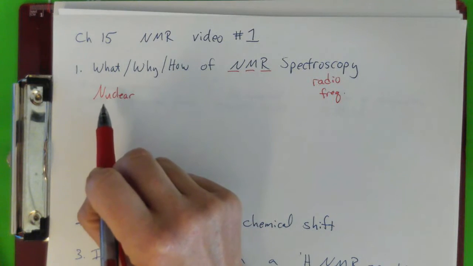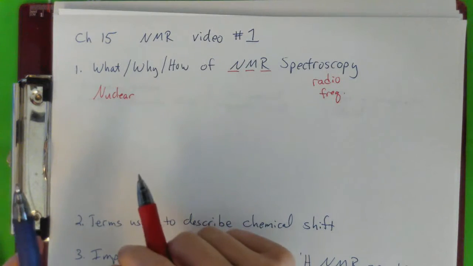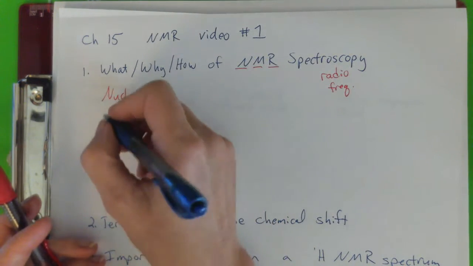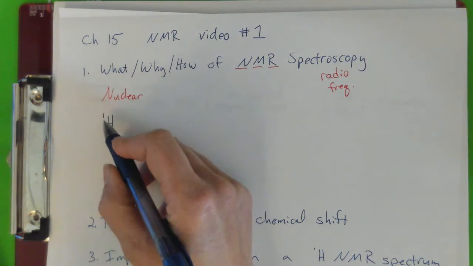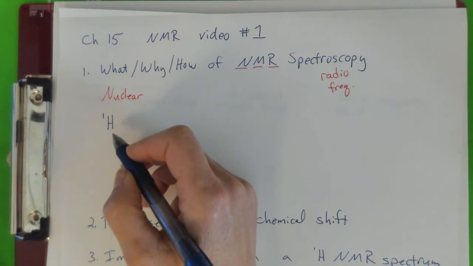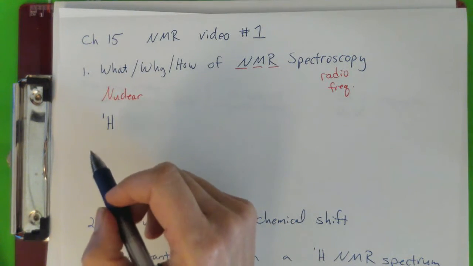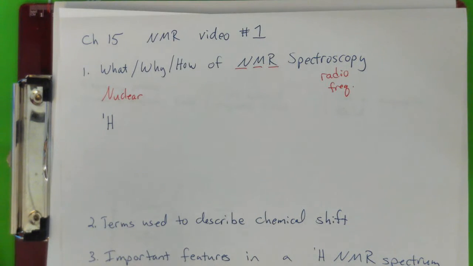And when that happens, there's a quantum mechanical property called nuclear spin that substance has. So proton NMR, H1 is the most abundant isotope of hydrogen, and this is one way I can depict it. It has one proton and no neutrons, so it has nuclear spin since it has an odd number of protons.